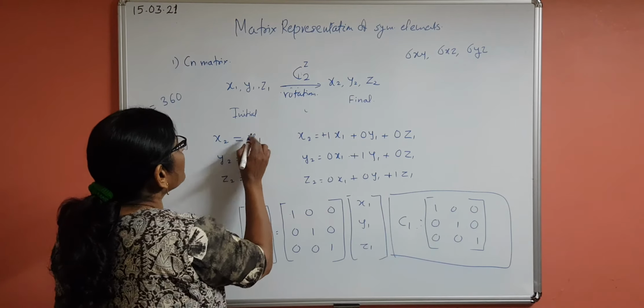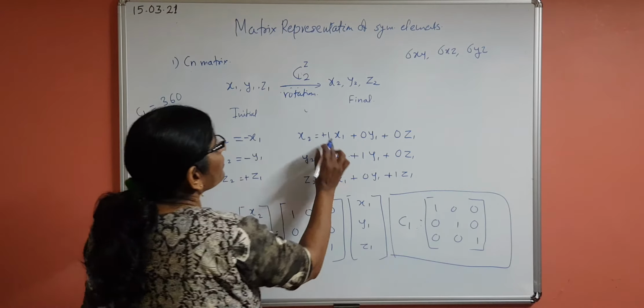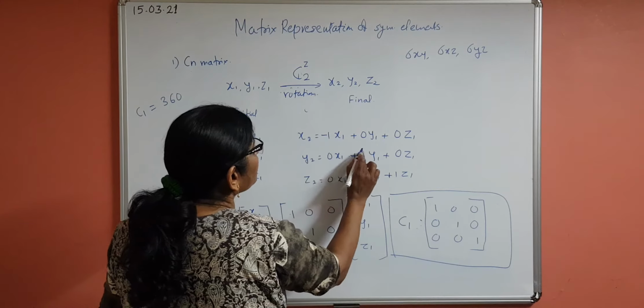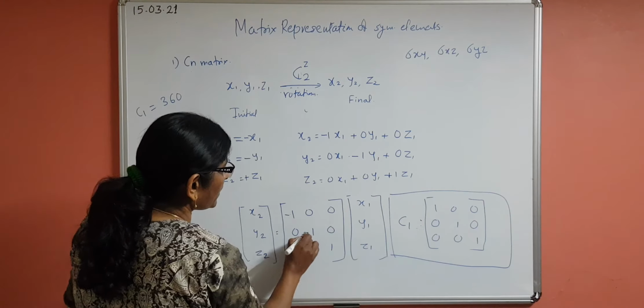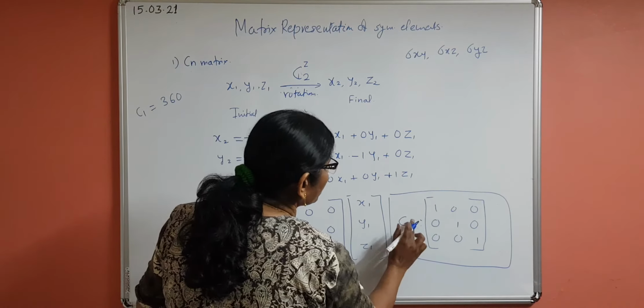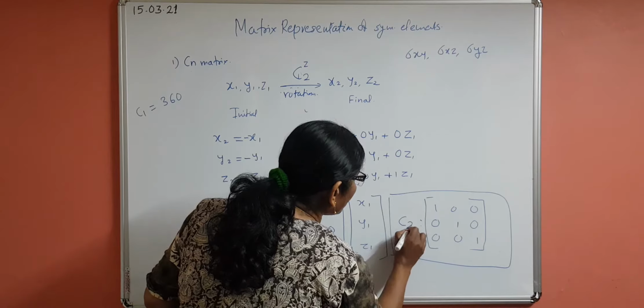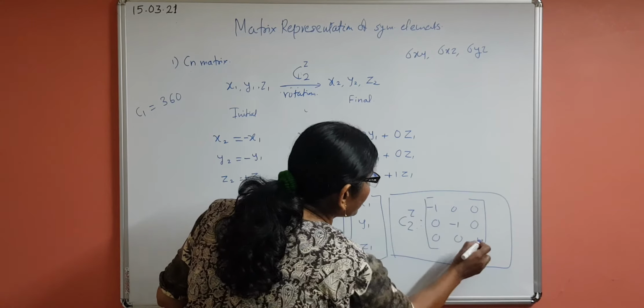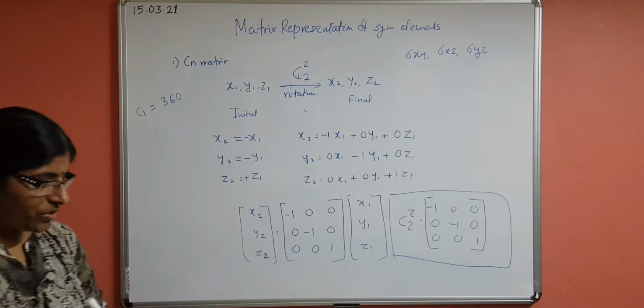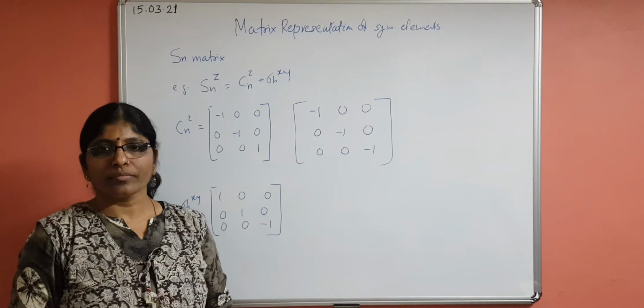So minus, minus, and z will be plus 1. So this is the C2Z operation.